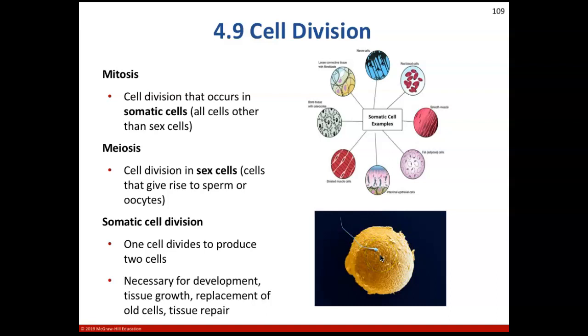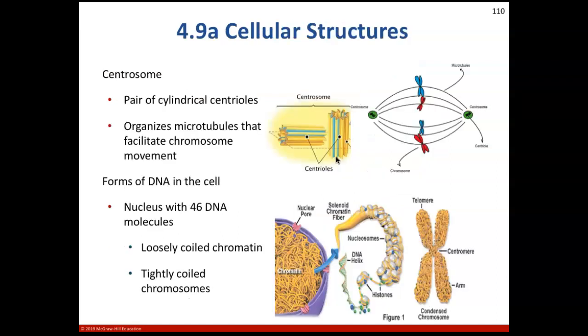And when we talk about our somatic cell division, that means one of our cells is going to divide to produce two daughter cells. We need this for our body's development, tissue growth, and replacement of old cells and any type of tissue repair that we might need due to injury.